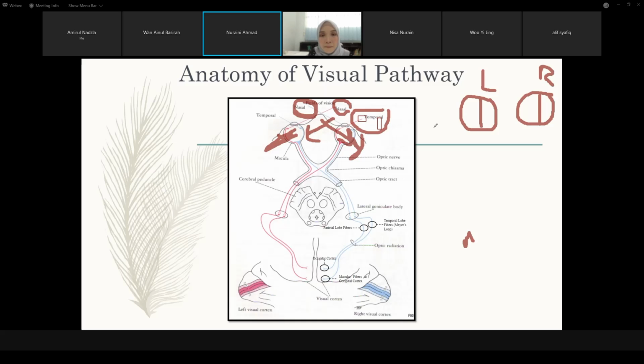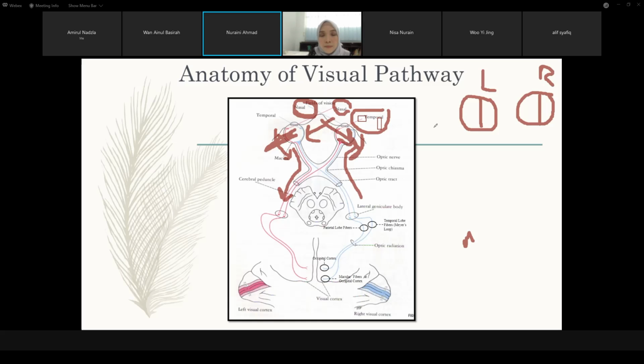Maksudnya this is the right temporal retina akan turun to the right optic tract. Okay. Macam ni. Sama juga kat sini. This is left temporal retina, kat sini dia akan turun to the left optic tract. Okay. Itu untuk temporal retina.